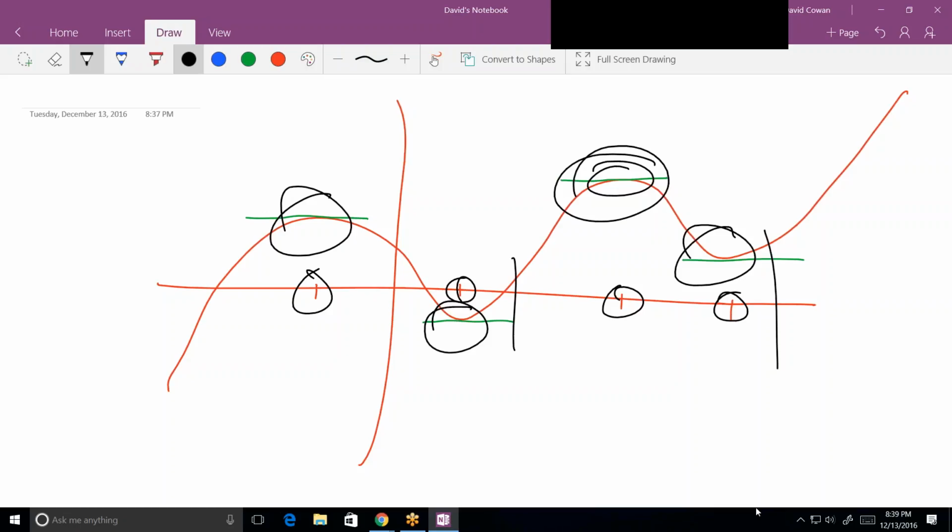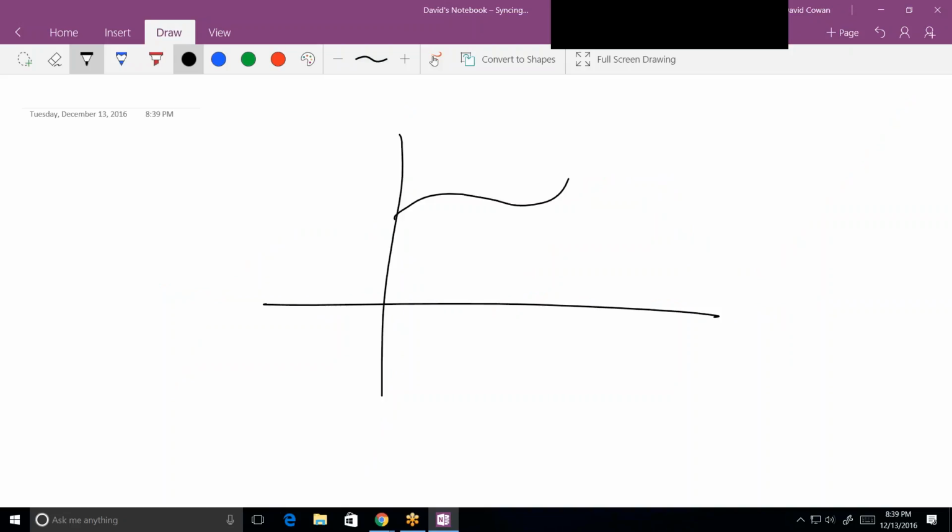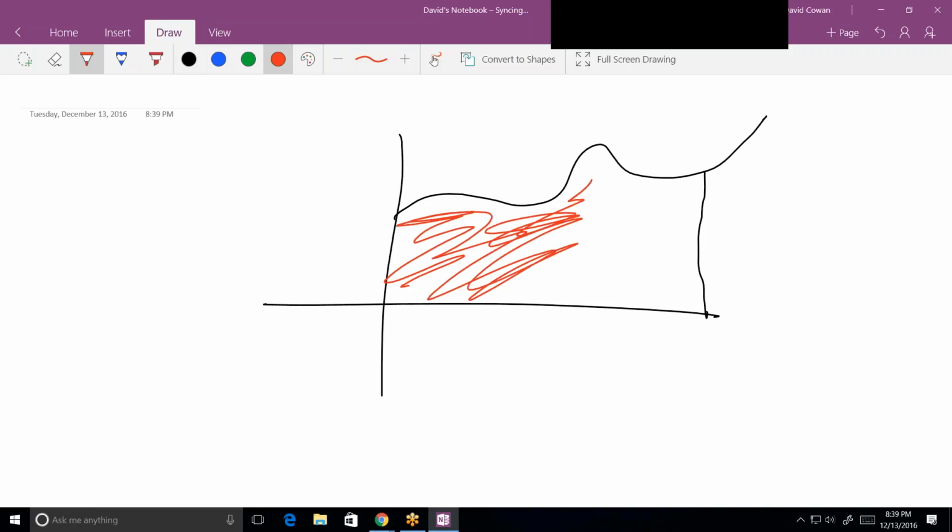That's essentially what calculus is all about: rate of change and area under the curve. Differential calculus is rate of change. Integral calculus is, do you have any way of figuring out the area under that curve? We were never taught the geometry that allows us to figure out the area under that curve.